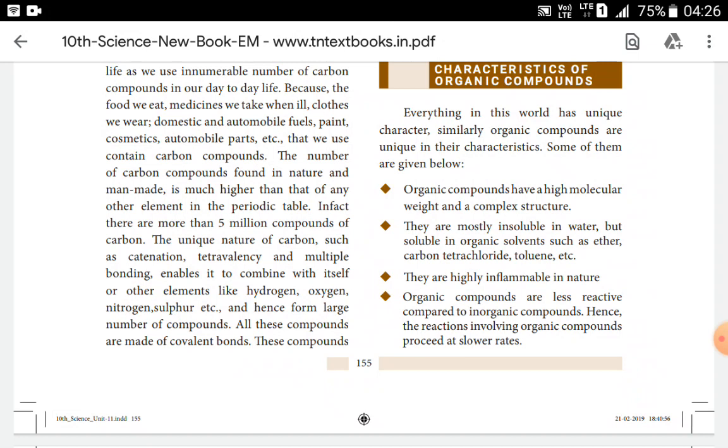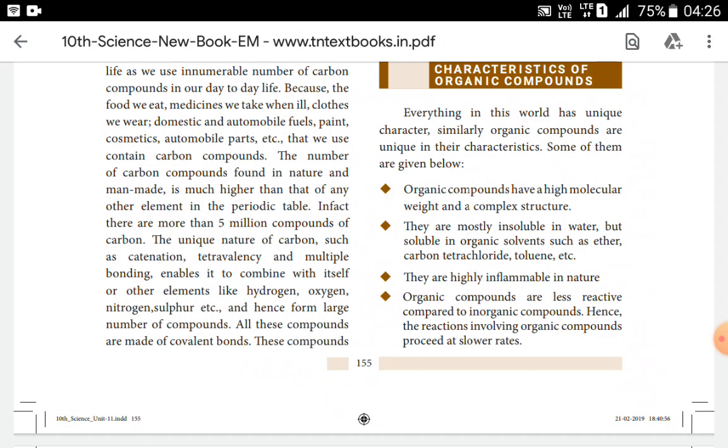Normally metals donate electrons, non-metals gain electrons. The element which easily donates electrons is called electropositive in character. The atom which gains electrons is electronegative in character.